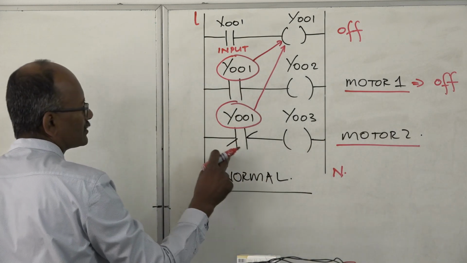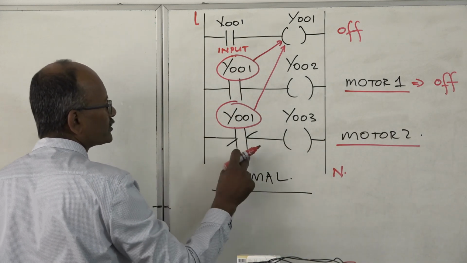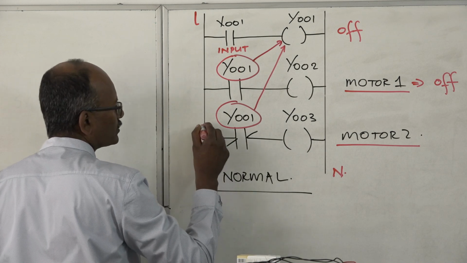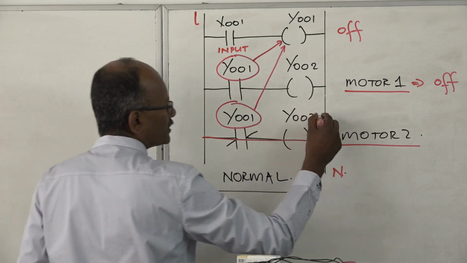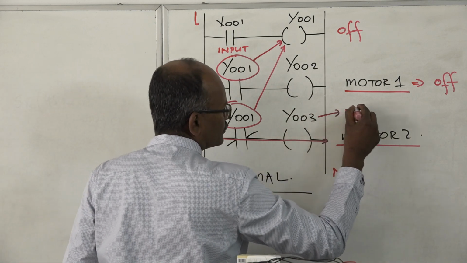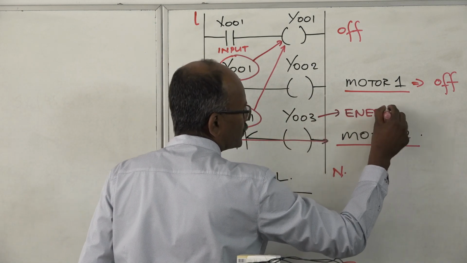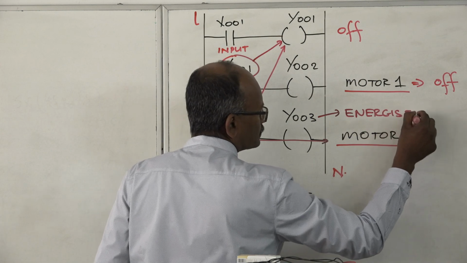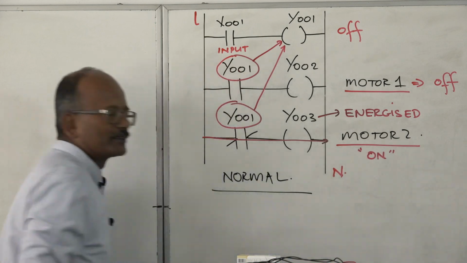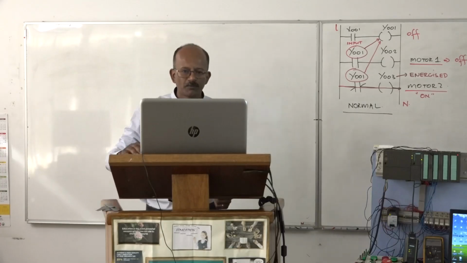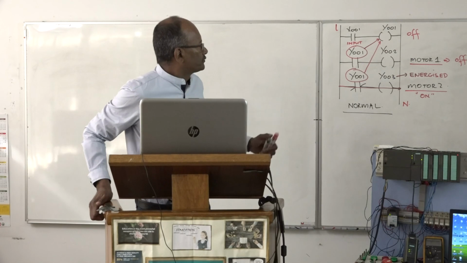However, this switch is normally closed, which means current will be allowed to flow through that rung. Y0.03 is energized, and motor 2 will be on. So in its normal state, motor 2 would actually be on.